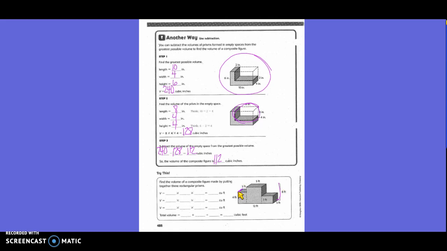Where could you find that? They give it to you right over here, right? So what is that? 5, right? Okay. Then this whole thing right here is what? 8. What would this little piece be right here? 4. 5, right?